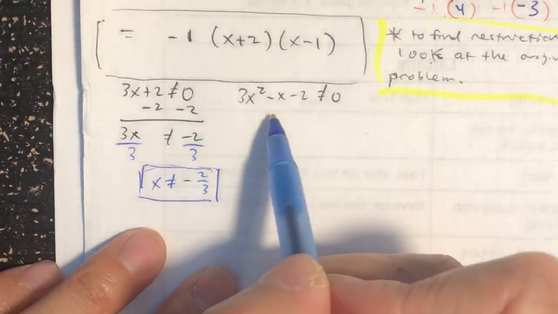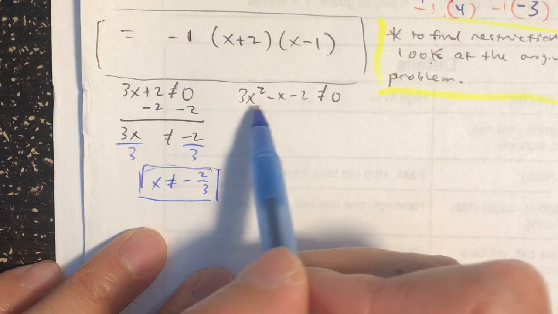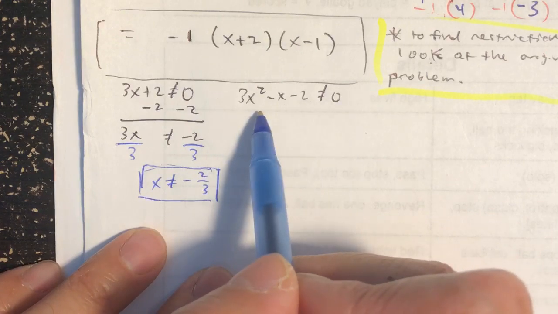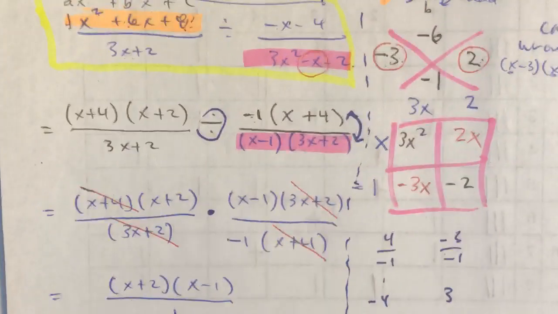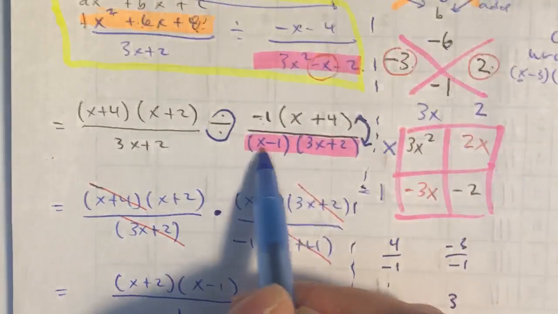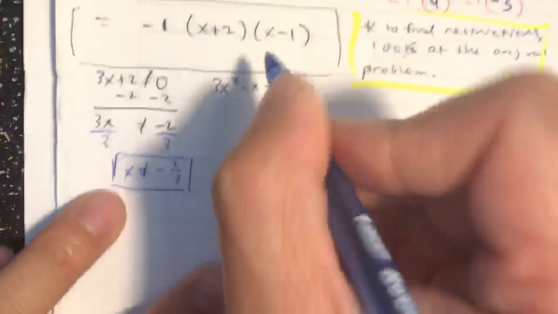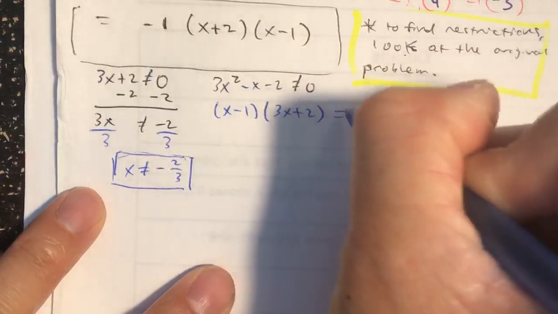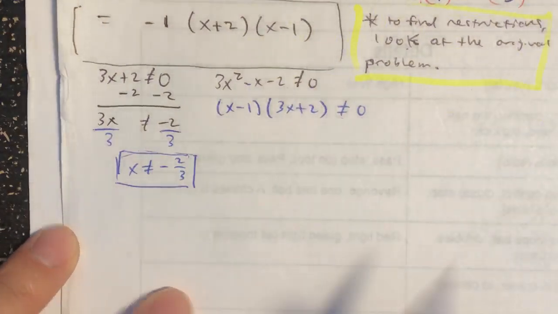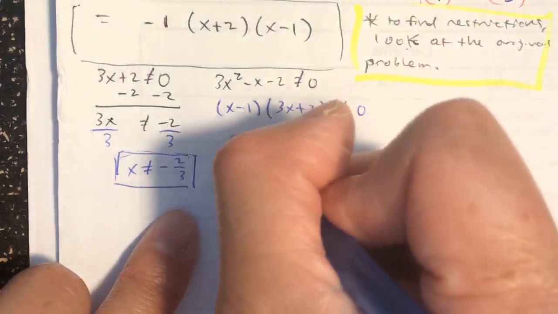Let's do the other one, 3x squared minus x minus 2. Well, how would you solve for x here? You've already factored it. It's in pink. So I'm going to use this one now. X minus 1, 3x plus 2 is not equal to 0. Basically means now you can set each of those not equal to 0.